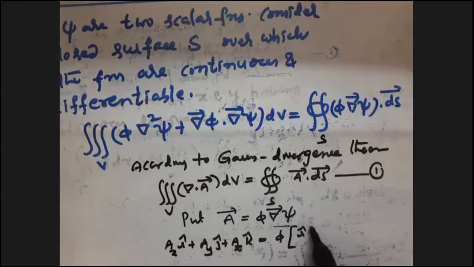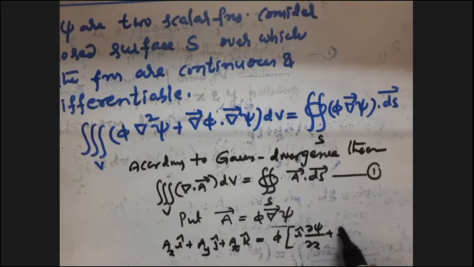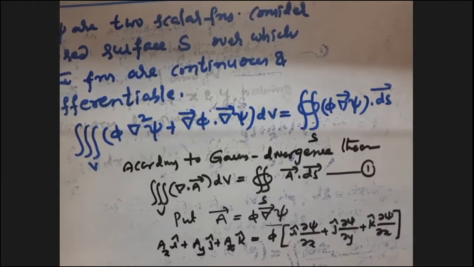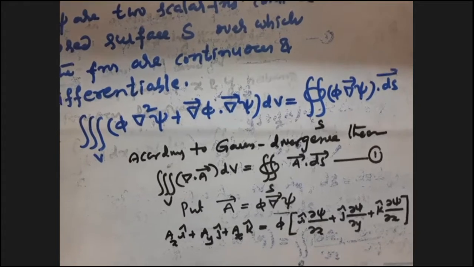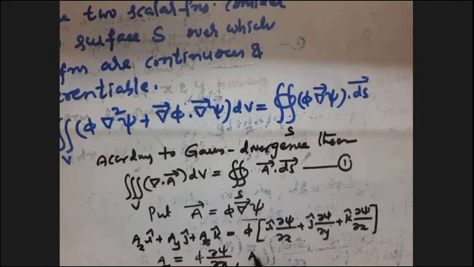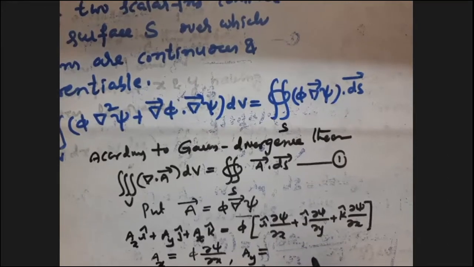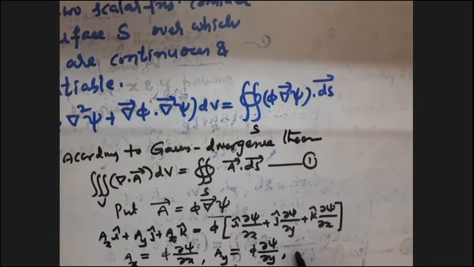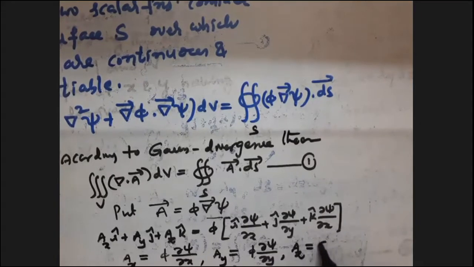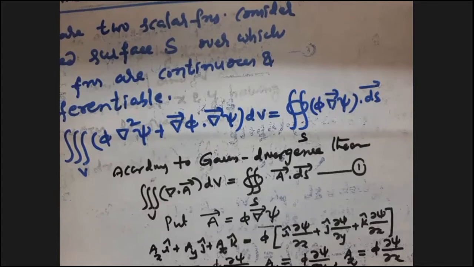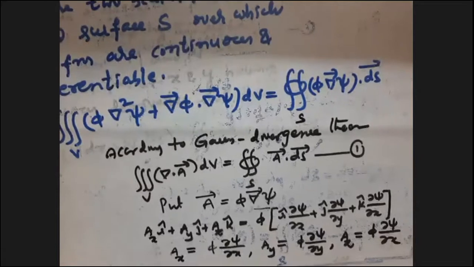Grad psi is equal to i cap dou psi by dou x plus j cap dou psi by dou y plus k cap dou psi by dou z. Now, equating the coefficients on both sides: the i coefficient Ax is equal to phi dou psi by dou x; the j coefficient Ay is equal to phi dou psi by dou y; and the k coefficient Az is equal to phi dou psi by dou z.